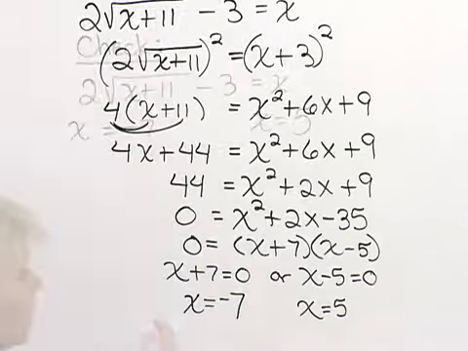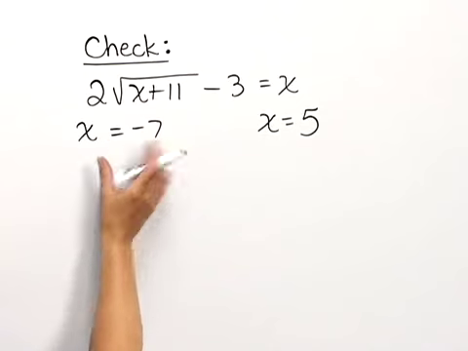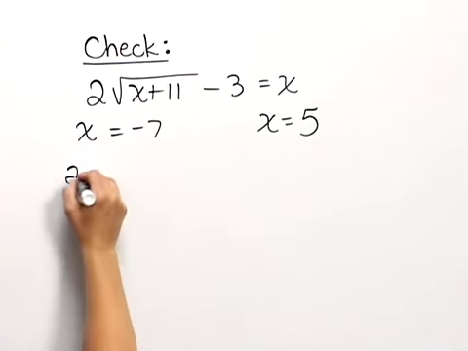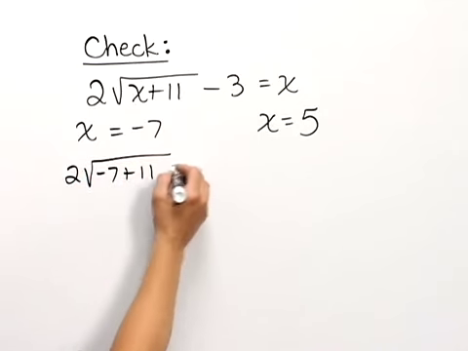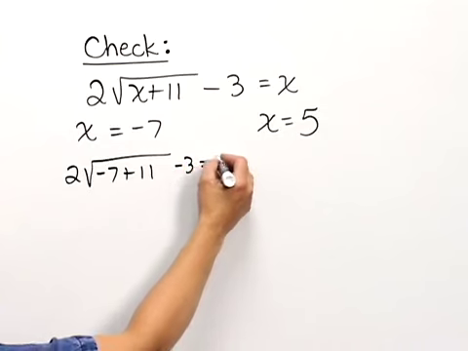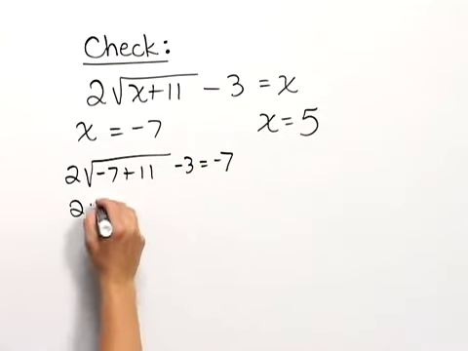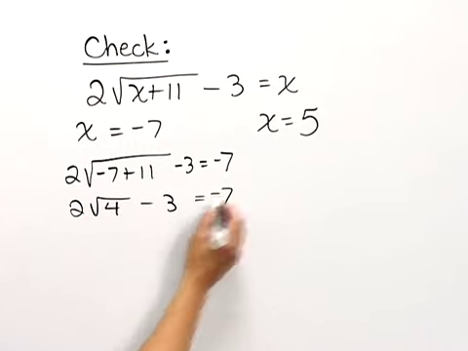So let's check them. Let's first check x equals negative 7. So I'm going to plug negative 7 in where the x is. So that gives me 2 times the square root of negative 7 plus 11 minus 3 equals negative 7. This gives you 2 times the square root of 4 minus 3 equaling negative 7.